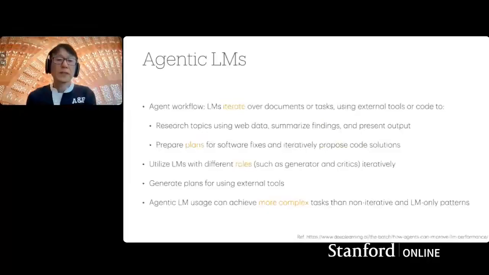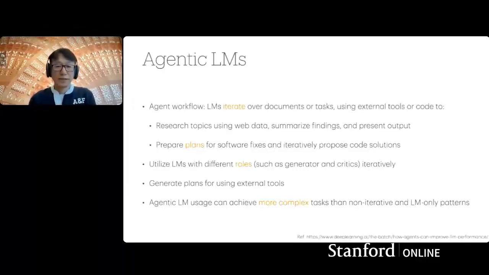All right, so the workflow is generally like this. In a sense, an agentic language model system is one where the language model is making iterative calls by reviewing the document or task and then making external tool calls.